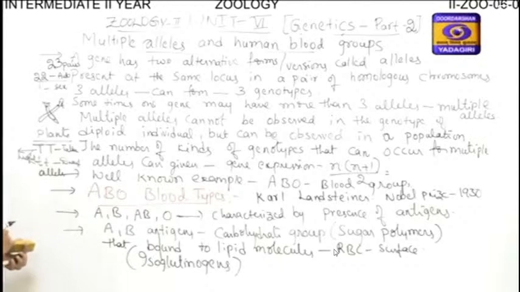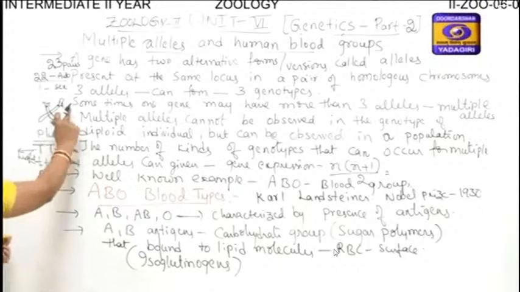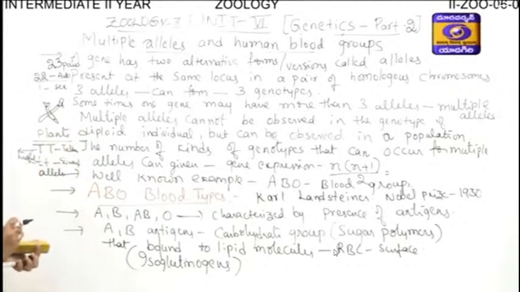But sometimes a gene has more than 2 alleles, and they are known as the multiple alleles. That phenomenon is known as multiple alleles.